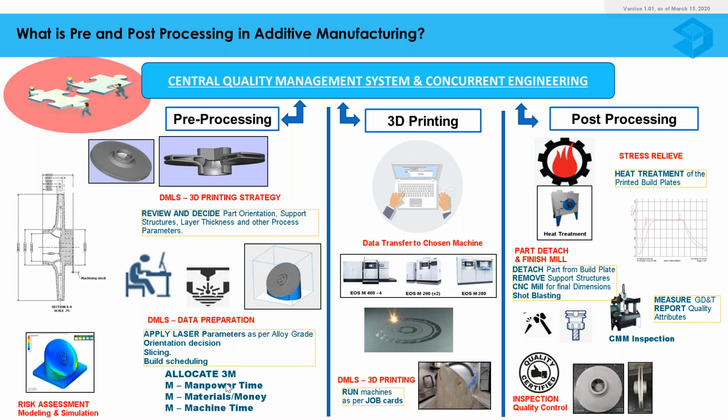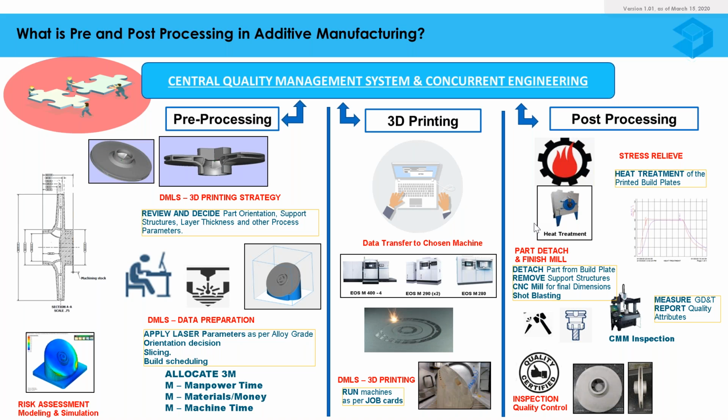Ultimately you do pre-processing and then you allocate the machine. The data needs to be transferred to those machines and the printing occurs. And post printing, we have to do certain specific operations that are dependent on the type of material.